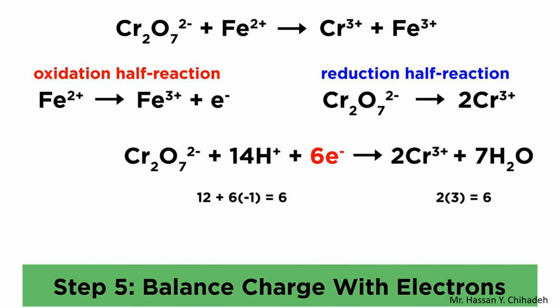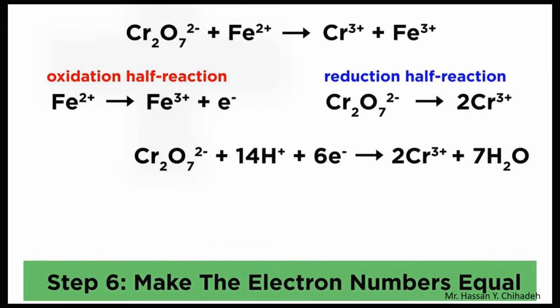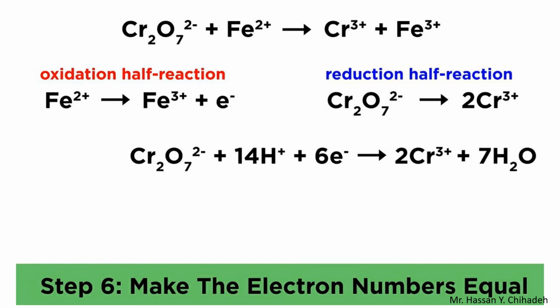In order to balance this, we need 6 electrons on the left to bring the charge down to 6 plus and balance the charge. Then it becomes Cr2O7 2- + 14H+ + 6 electrons to give 2Cr3+ + 7H2O.